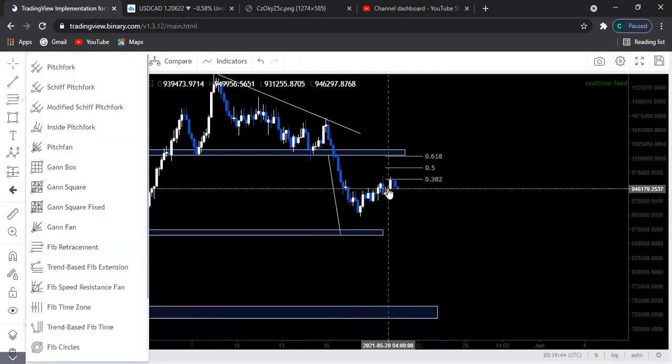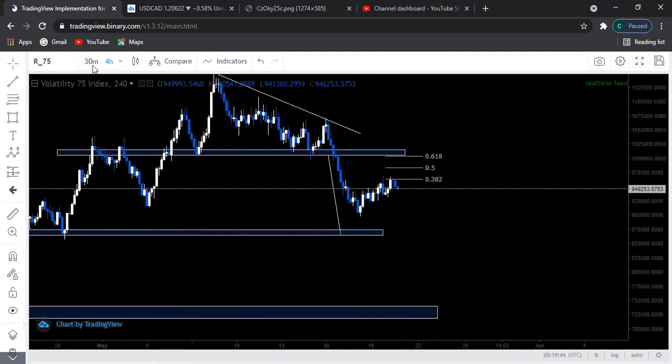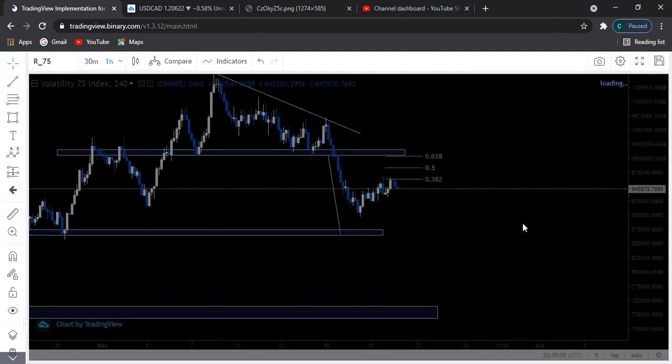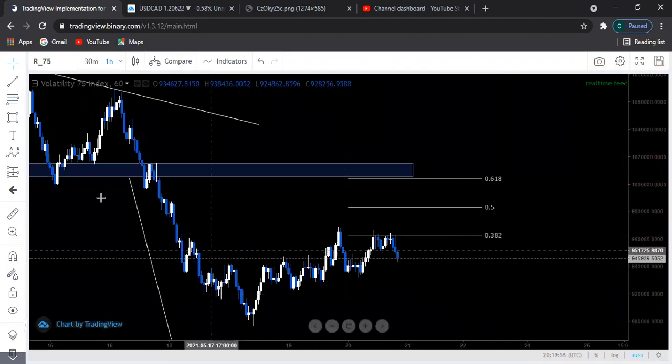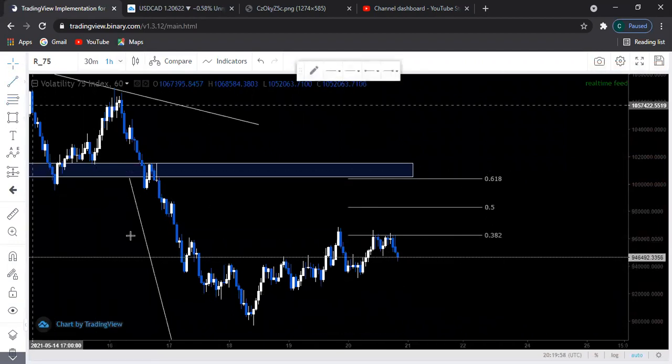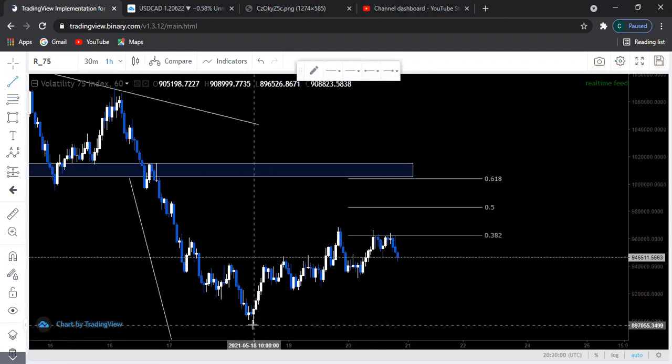So here's my bias right now. If prices keep on pushing lower here, let's not assume, let's look into the lower time frames, the 1 hour. Okay, this is the 1 hour. Again, you can see the importance of multiple time frame analysis.